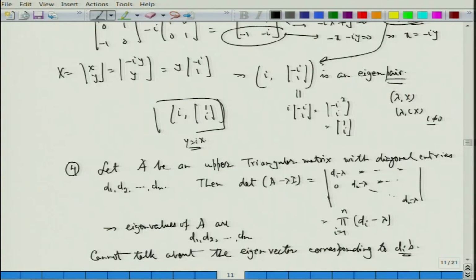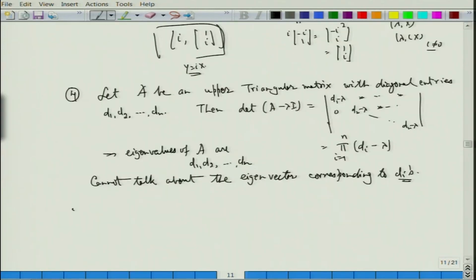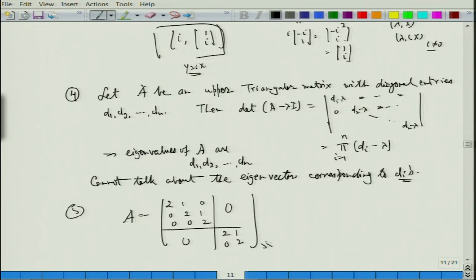All right. To make you understand this slightly better, let us look at this example: A as 2, 1, 0, 0, 2, 0, 0, 0, 2. Let me write this matrix. Let me make it 1 here. I have a 0 here, 0 here, 2 here, 1 here, 0, 2. So look at this 5 cross 5 matrix.